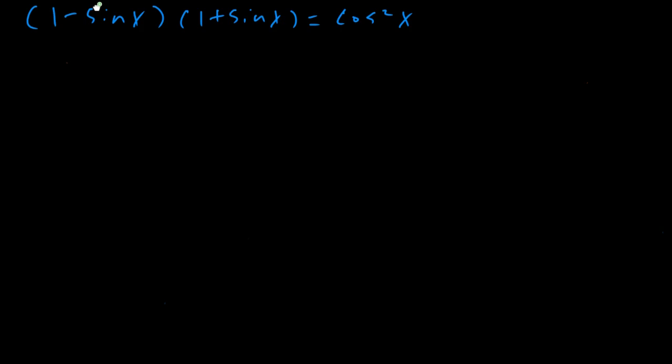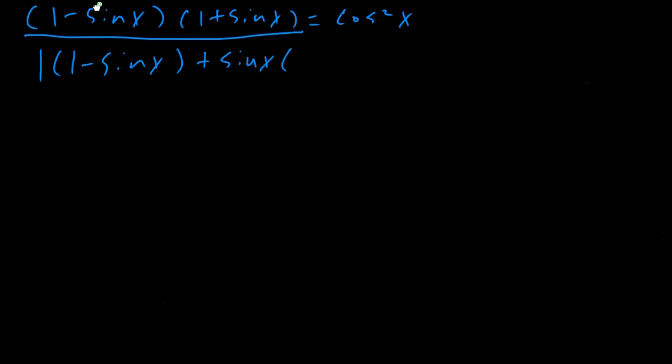We have 1 minus sine of x times 1 plus sine of x is equal to cosine squared of x. So this is a factored form of a quadratic. So what we can do is just expand this by FOILing. So we're going to do 1 minus sine of x times 1 plus sine of x.